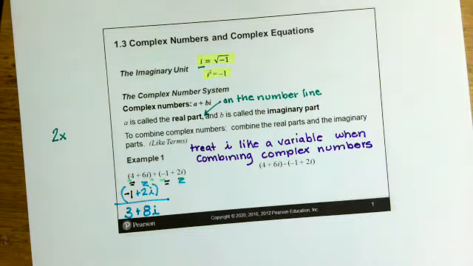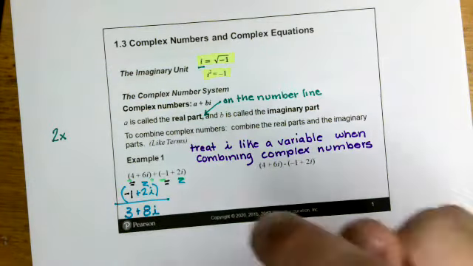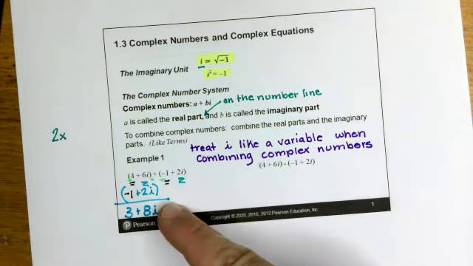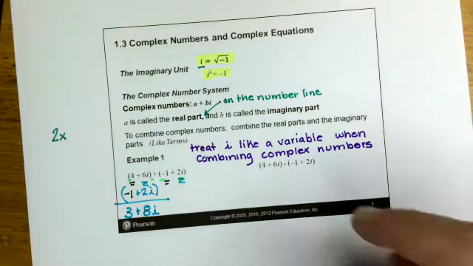I kept the real ones with the real ones, imaginary ones with imaginary ones, and I'm finished. The solution to this is 3 plus 8i. I combined like terms.